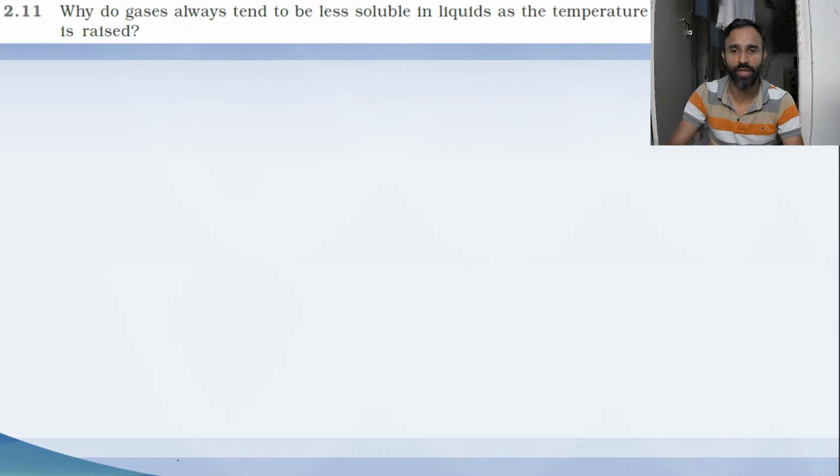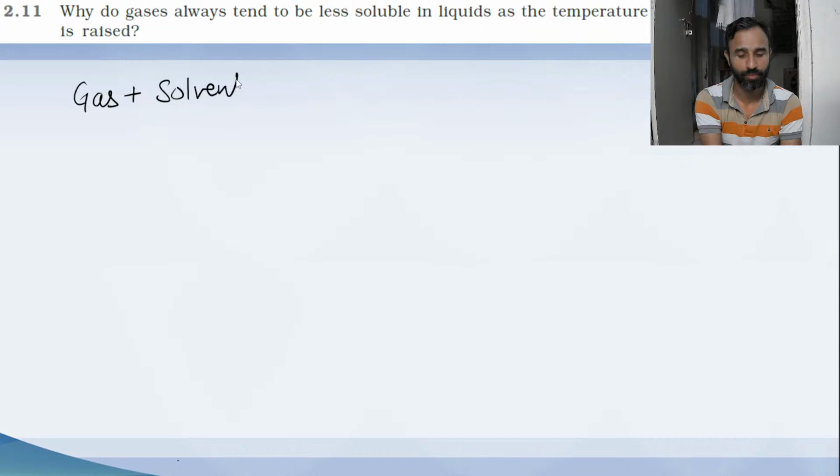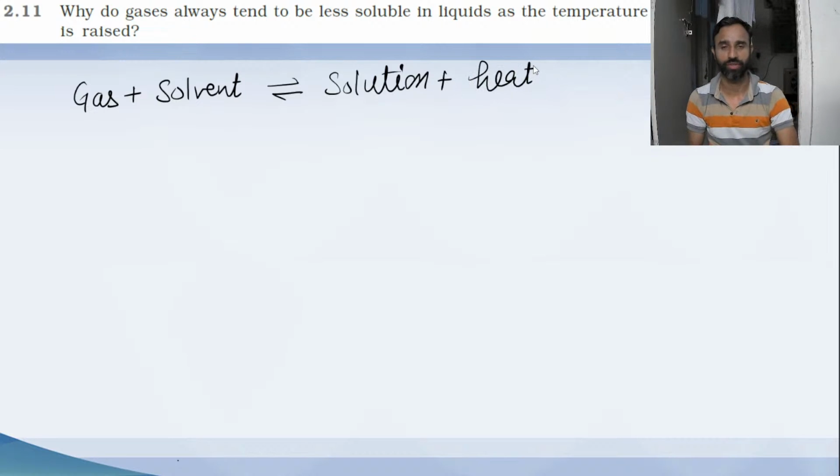Question is, why do gases always tend to be less soluble in liquids as the temperature is raised? So first of all, when gas is dissolved in any solvent to form solution, heat is released.